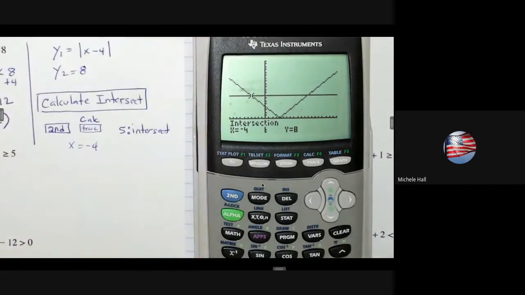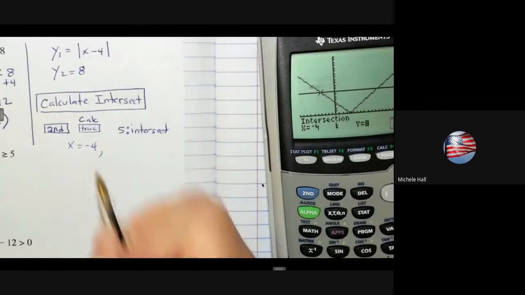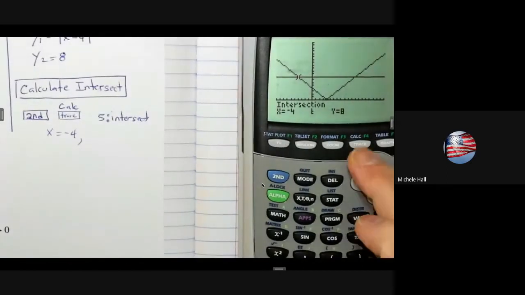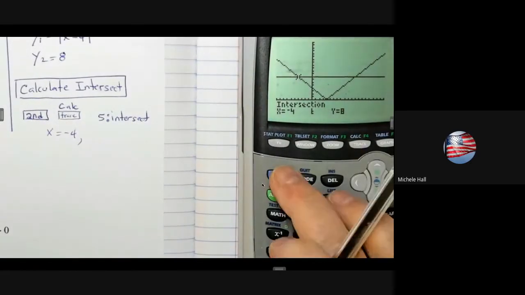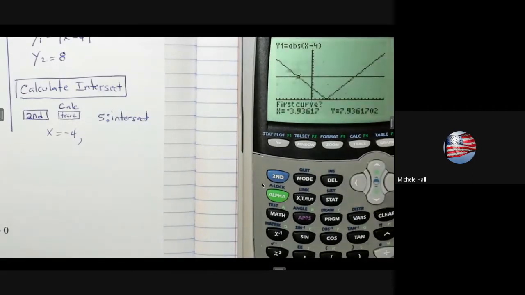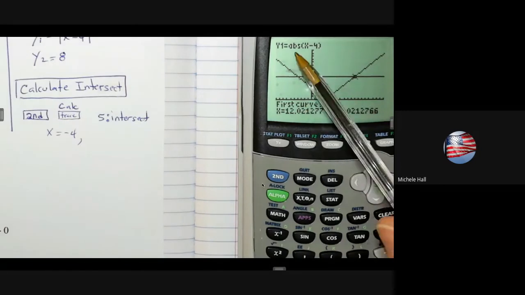We need to do it one more time. We go back to calculate in blue. We want to calculate something about this graph. Number 5, and this time we need to go over to the right. There's my intersection. First curve, is it the absolute value?